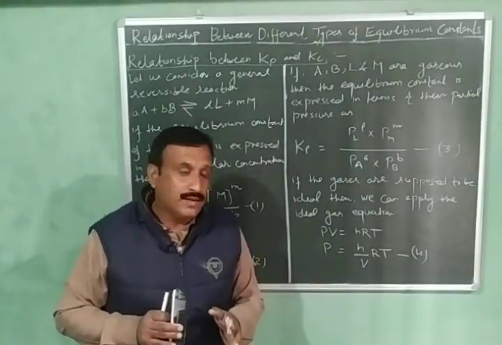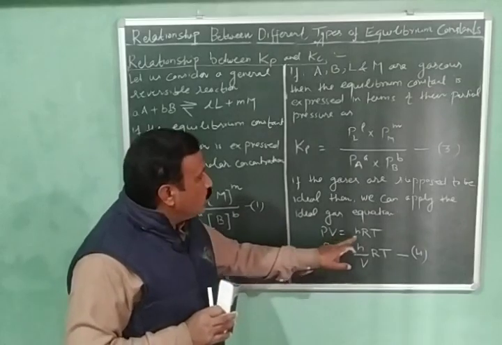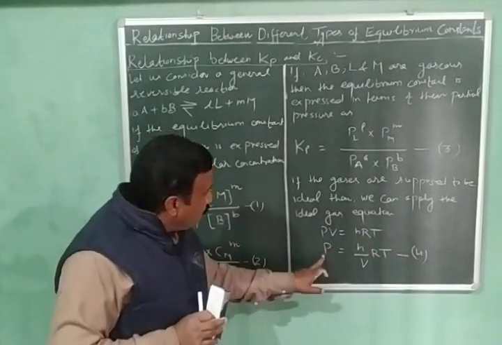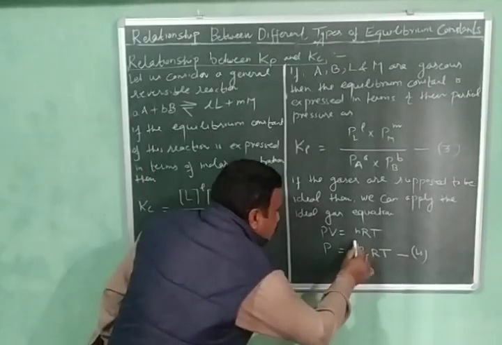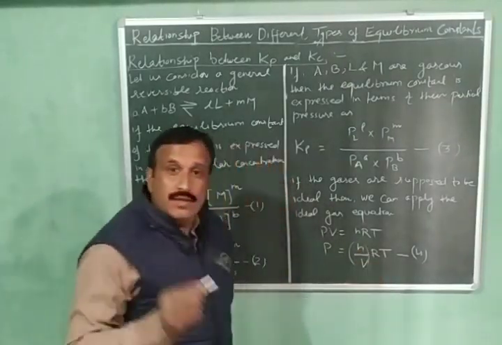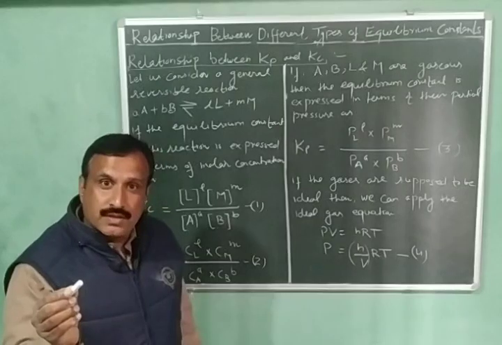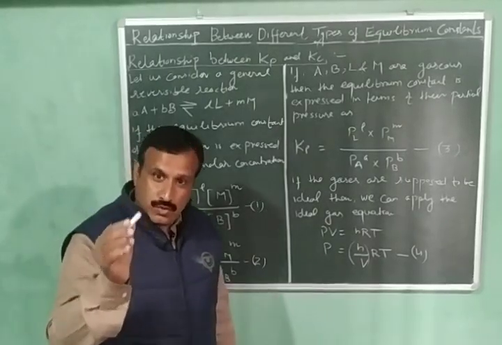According to the ideal gas equation, PV is equal to nRT, and P is equal to n upon V into RT. This n upon V is the number of moles per liter, that is, the molar concentration.